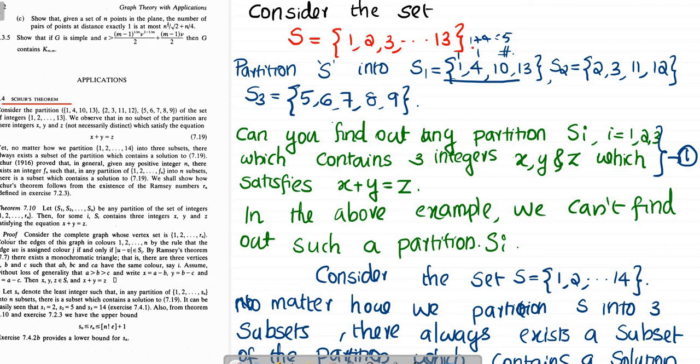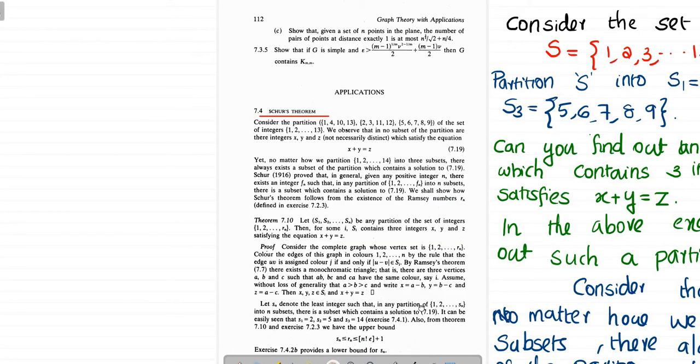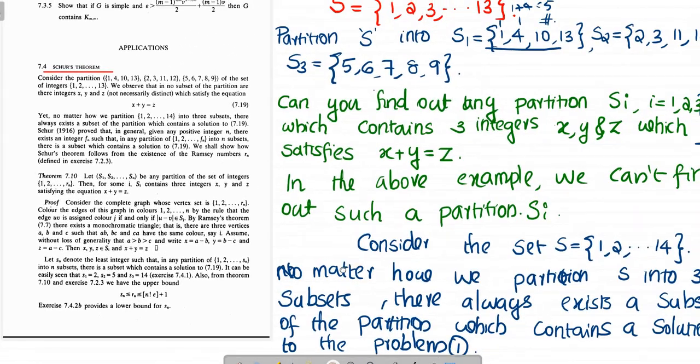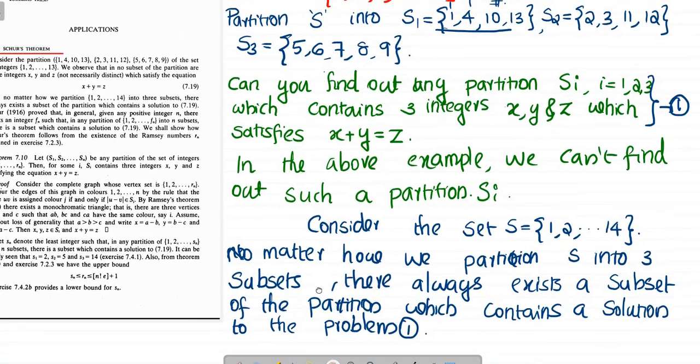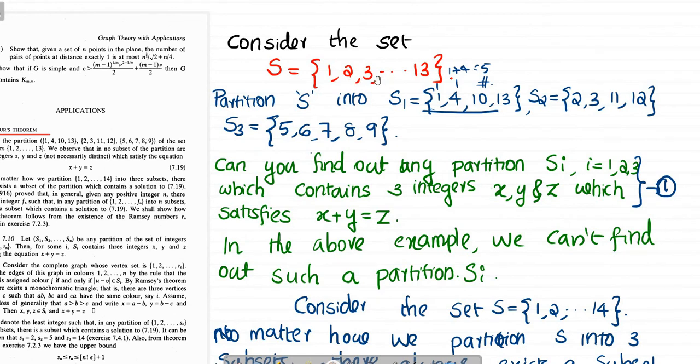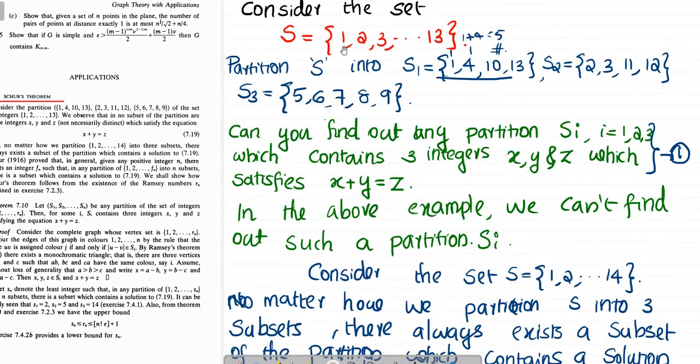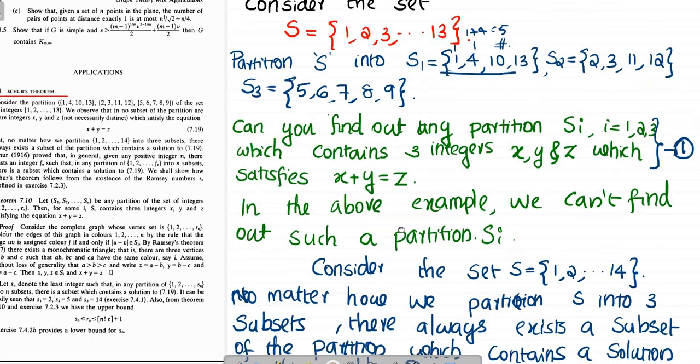Then our question is, can you find one in another set? S is 1, 2, 3, etc. up to 13. From this example, we can see that for numbers up to 13, we cannot find such a set.